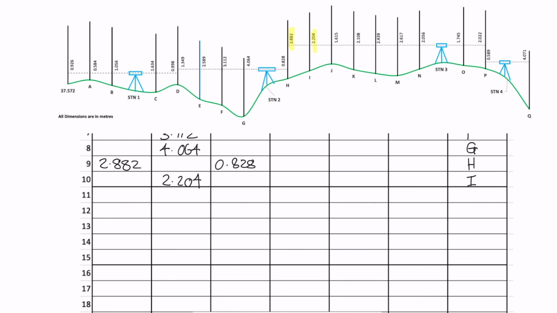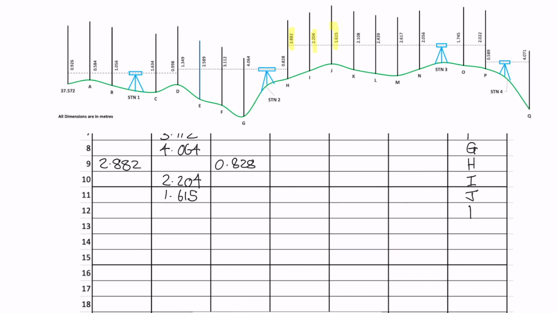Next reading is J. It is again another intermediate reading, 1.615.